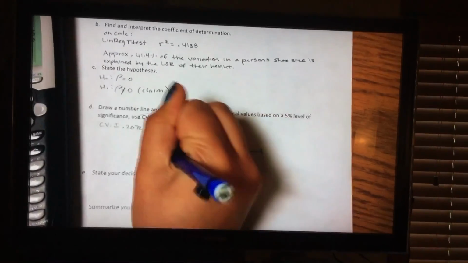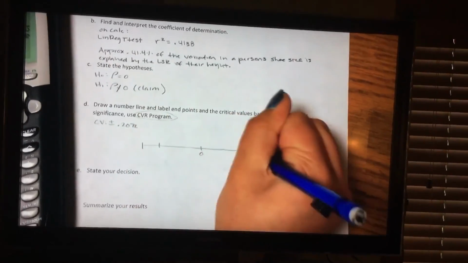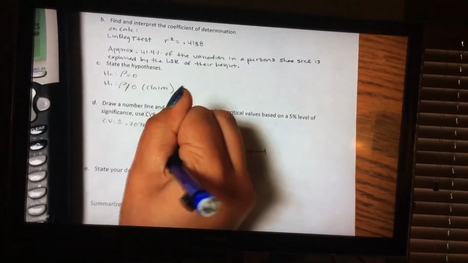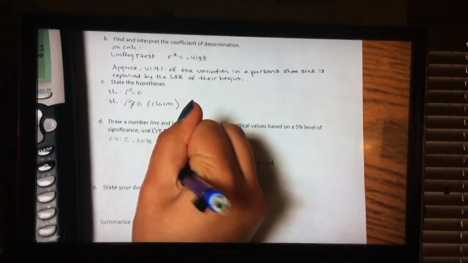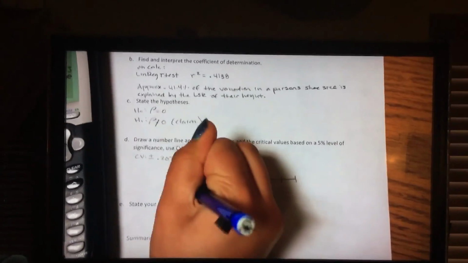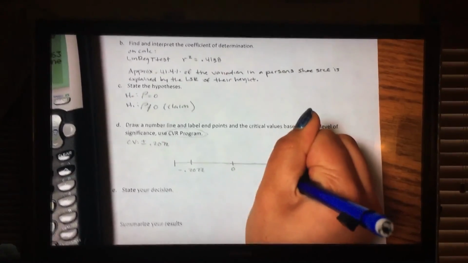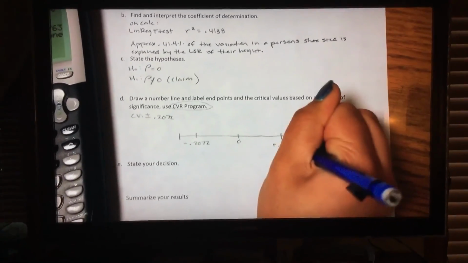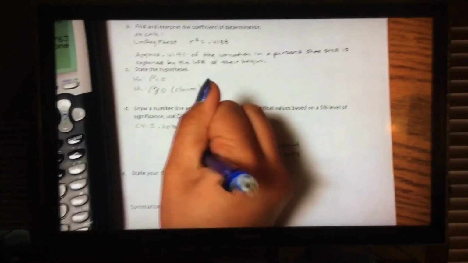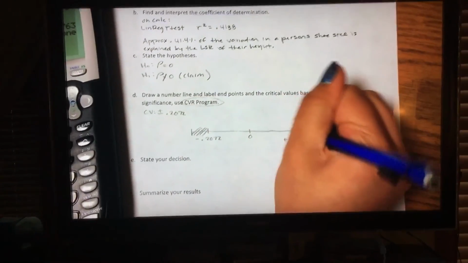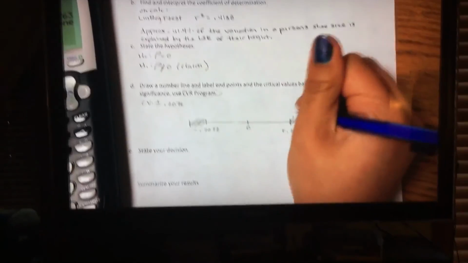So we're going to start by putting the 0 in the middle and labeling our positive and negative critical values. So negative 0.2072 and positive 0.2072. And those are going to be our shaded rejection regions.